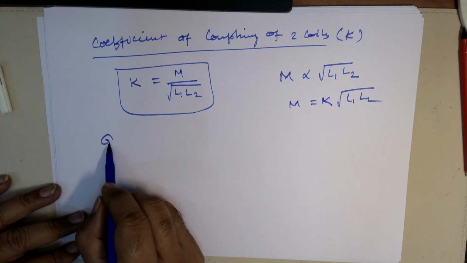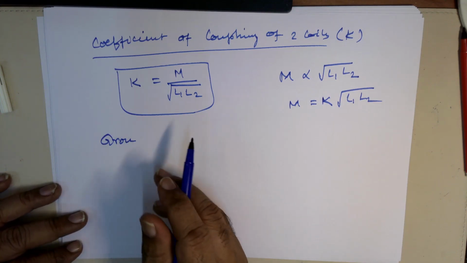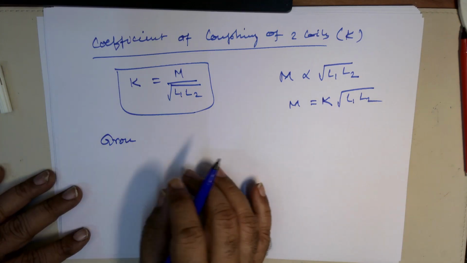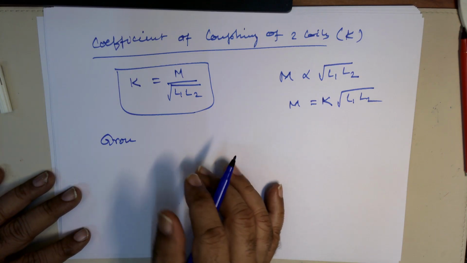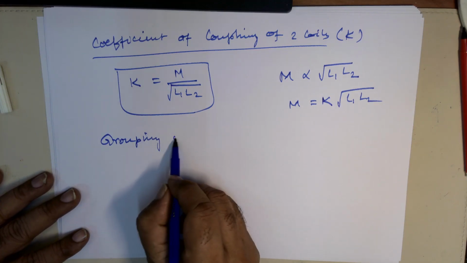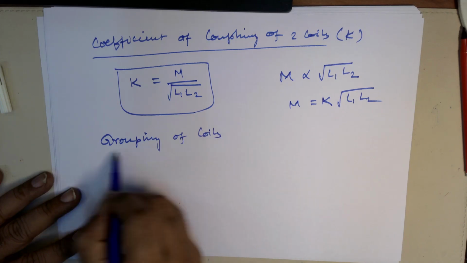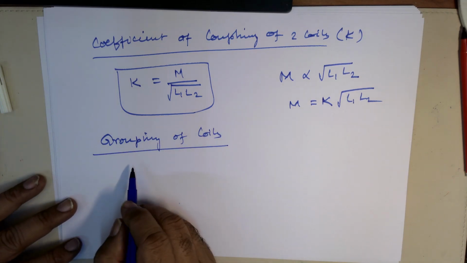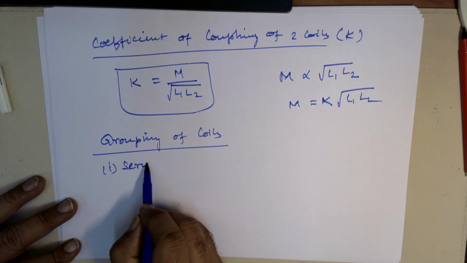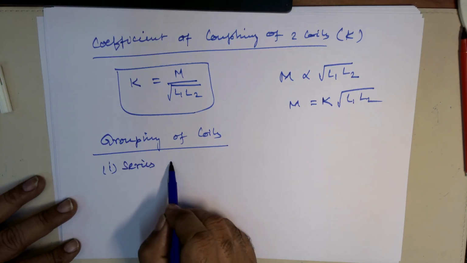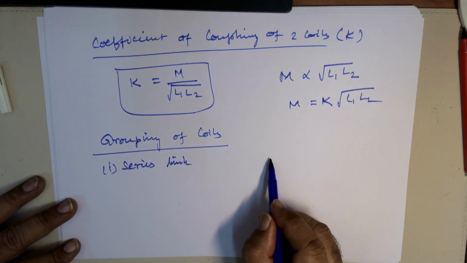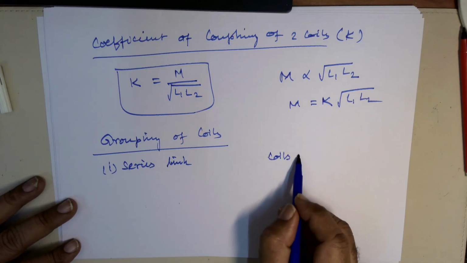Let us talk about the grouping of coils. Like the joining of resistors in parallel and series, you can likewise connect the coils in series and parallel. So one is series grouping, another is parallel, that is, coils in parallel.